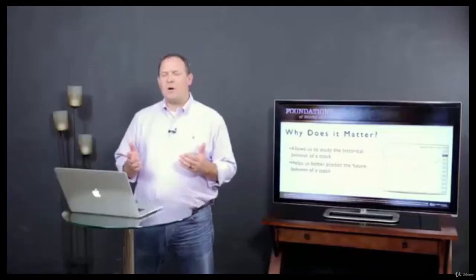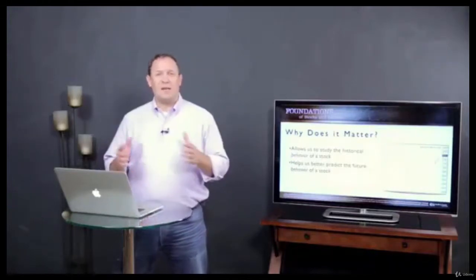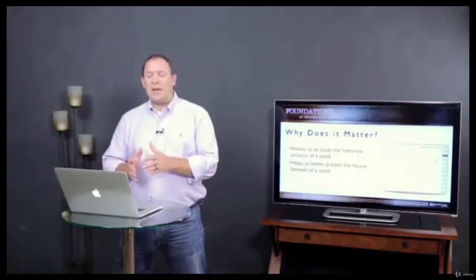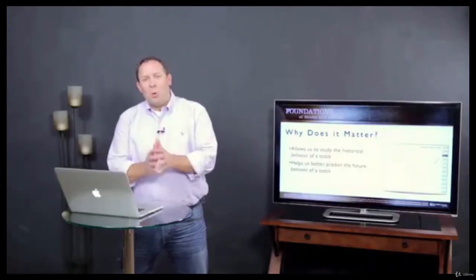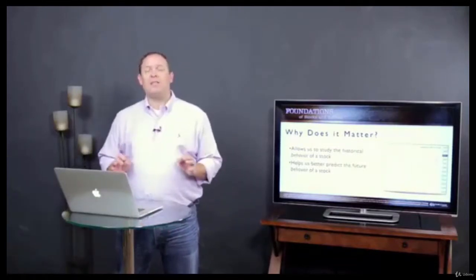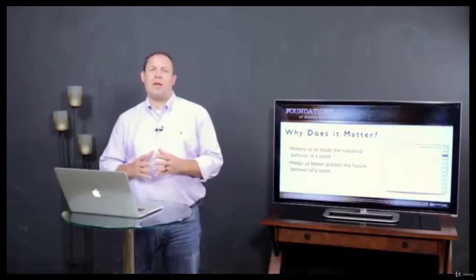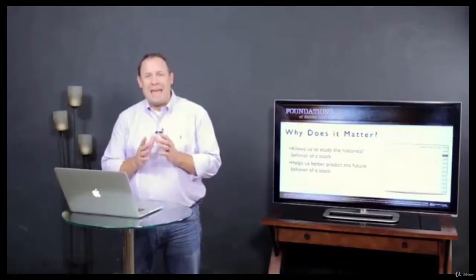Now, notice these key words. Notice what I am not saying. I am not saying that past performance is indicative of future performance. I'm saying historical behavior will help us better predict future behavior. It's a very distinct word and it's very specific because what we're studying in our charting analysis is the study of human behavior.